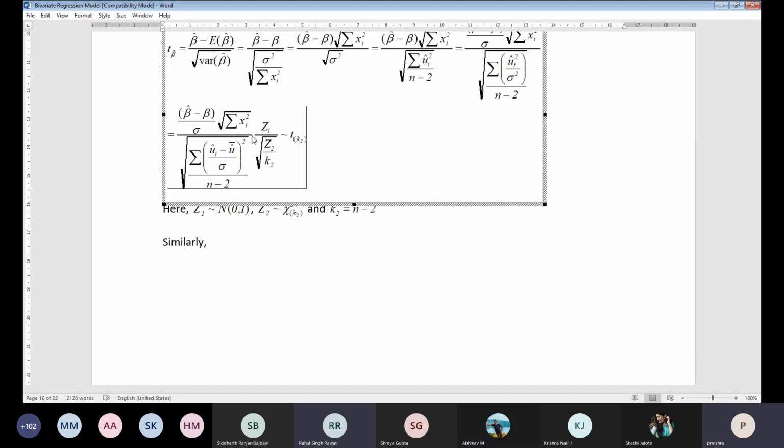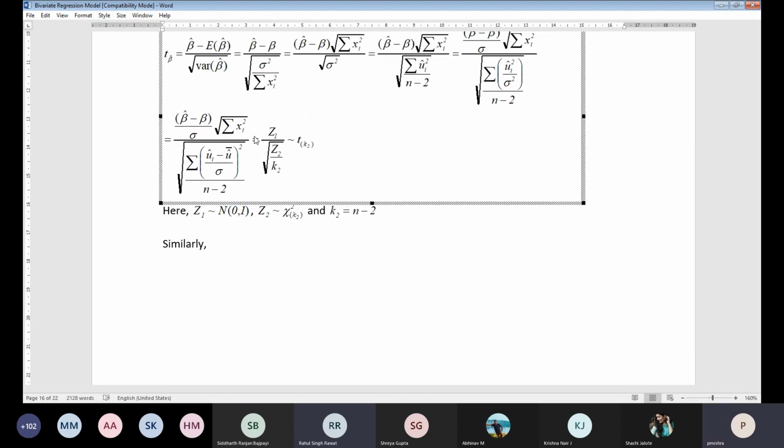Are you getting my point? So that later on it becomes clear to you. Because as you rightly said, u hat bar is equal to 0. It is inherent. Am I right?